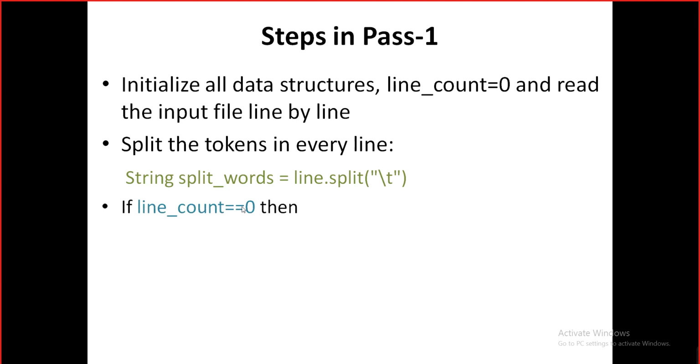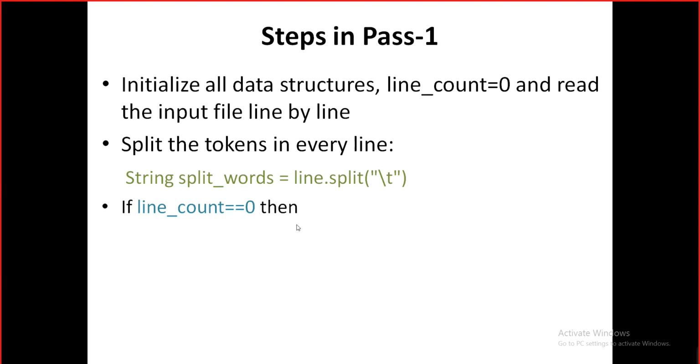Next, now firstly we'll check whether the line count is zero or not. If the line count is zero, then definitely whatever we have scanned as the line has to be a start statement, isn't it?